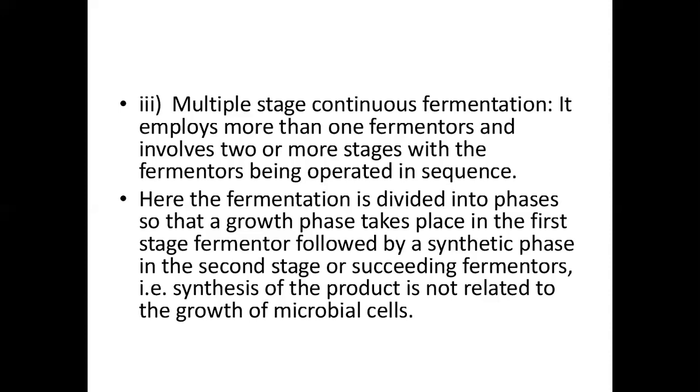So in this type of fermentation, in the first fermentation tank there will be growth phase occurring, and in the second fermentation tank there will be production phase occurring, or synthetic phase. So what happens in growth phase? Cell number will increase, and the same will be moving to the second fermenter, where synthetic phase will take place, where the product production will happen in the second fermenter.